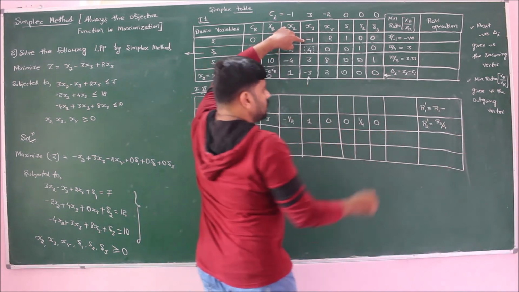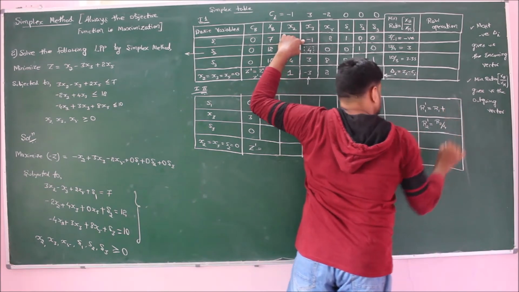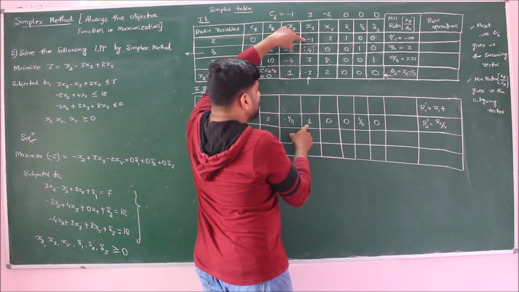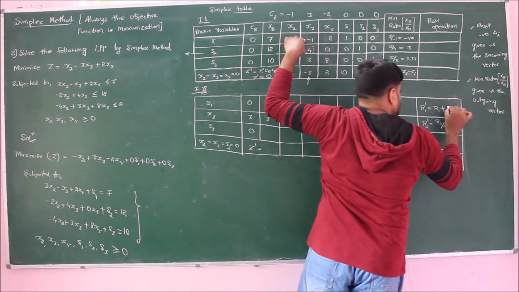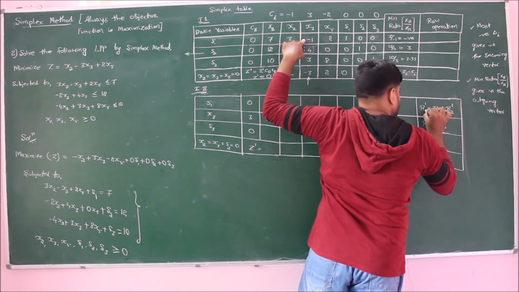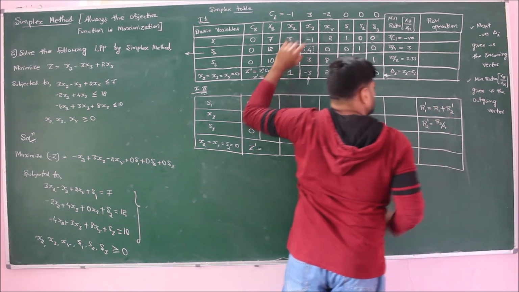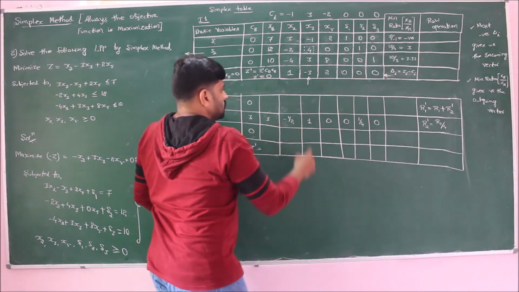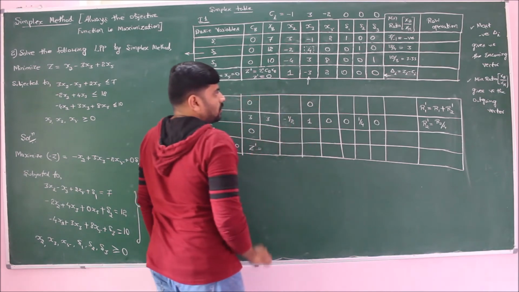We have minus 1, so I should eliminate it with plus 1. Here I have 1, minus 1 plus 1 will become 0. So you just add the new row, that is R2 dash.